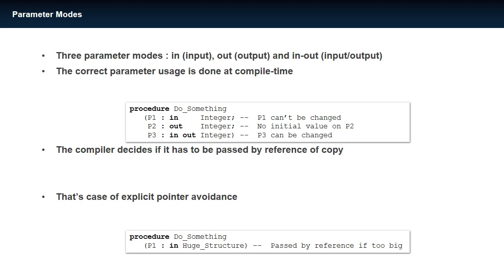The first, called P1, is an in parameter. That means that inside this procedure we cannot assign a value to that parameter. The second parameter is an out parameter, which means that we have to assign a value to P2 before we can read a value from it inside the function. The third parameter is an in-out parameter. If C used parameter modes, all parameters would be considered in-out parameters.